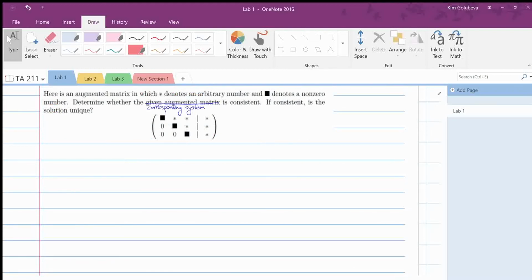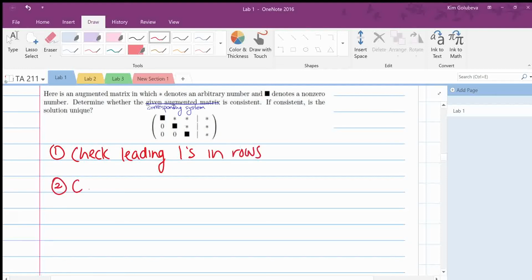All right, same type of process with the next question. Our first step is to check leading ones in rows, and our second step is to check the leading ones in the columns. Okay.